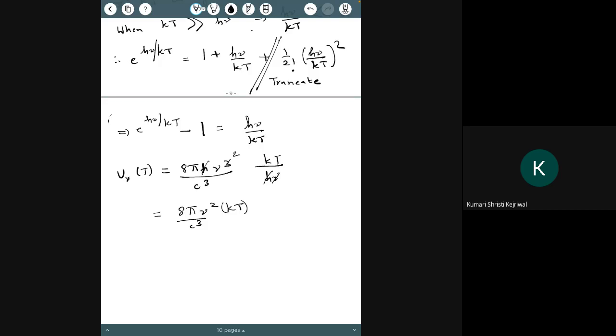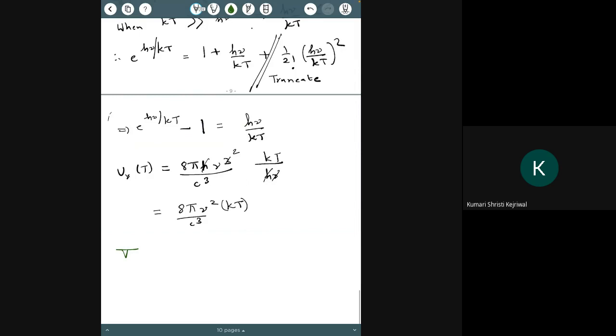Then the next, like someone was asking about the maximum. This is part 5, so this is part 6. Let's see if we can find this lambda max. So we can do Wien's law from Planck's law.